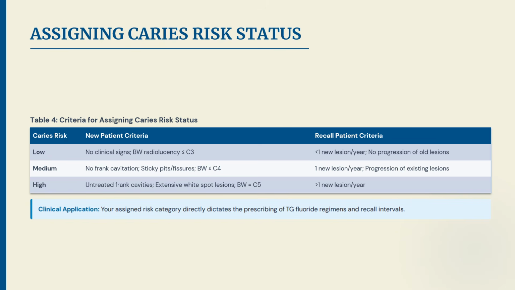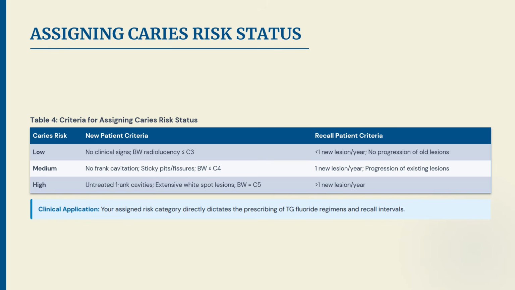Now, risk status. How do you know someone is low risk, medium risk, or high risk? You have these criteria, and this determines how often you will recall based on the risk factor. For low risk, there are no clinical signs.